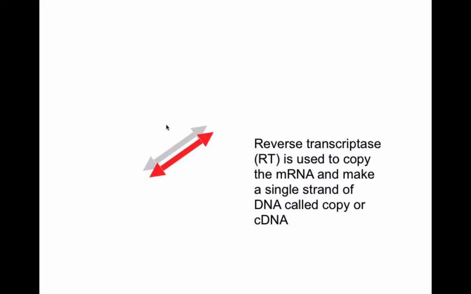But we've got a problem in that this is RNA and not DNA. So, thankfully we have the retroviruses. Unfortunately, there's one particular retrovirus at the moment we're not very thankful for, but these viruses have an enzyme called reverse transcriptase, which takes a copy of the mRNA and makes a single-stranded piece of DNA, which is called copy DNA or cDNA.